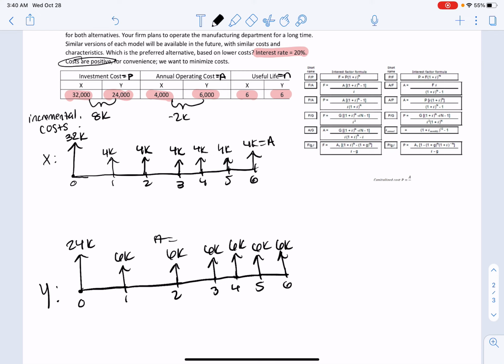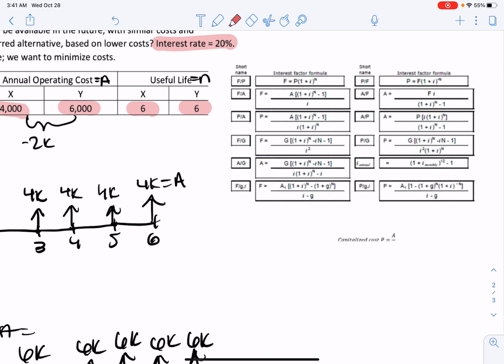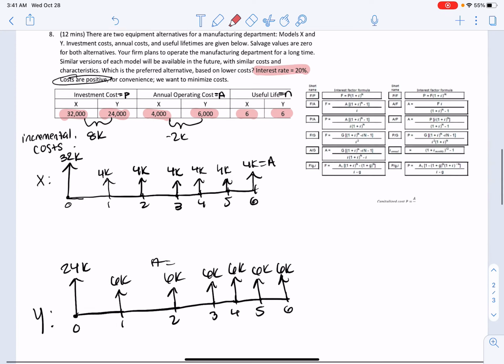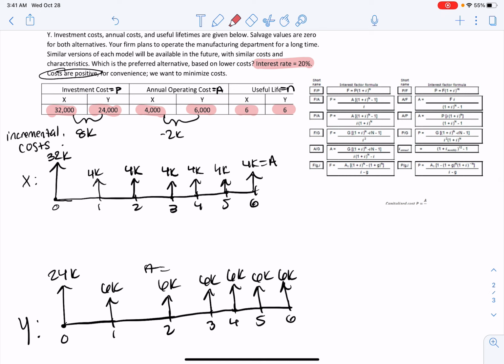Now, something to note that if you are given annual, first let's go and see what we could potentially be using. So, actually let me explain this first. Something to know is that this is actually a complex cash flow because it's two cash flows put into one.